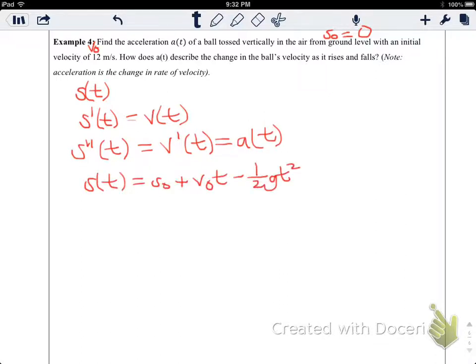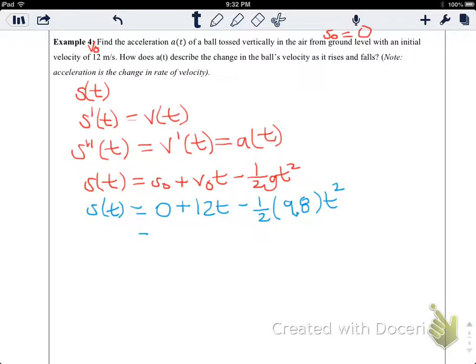Okay, so again, recall our position function is s sub naught plus v sub naught times t minus 1/2 g times t squared. And we can just fill in our information. So s of t in this example, s sub naught is 0, so I'll write it just to be consistent, 0 plus 12t minus 1/2 times 9.8, because that's our g, times t squared.